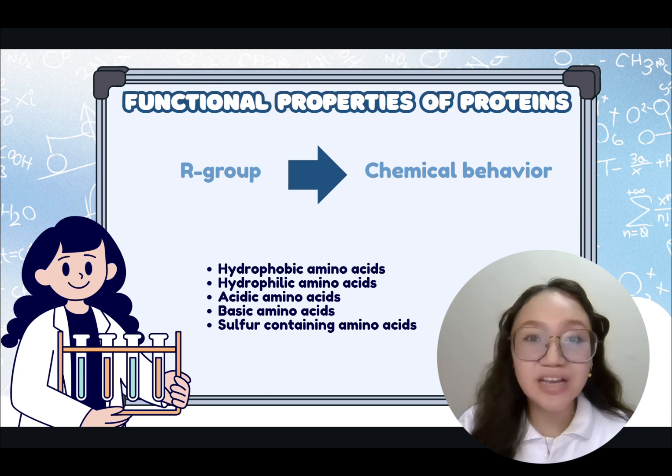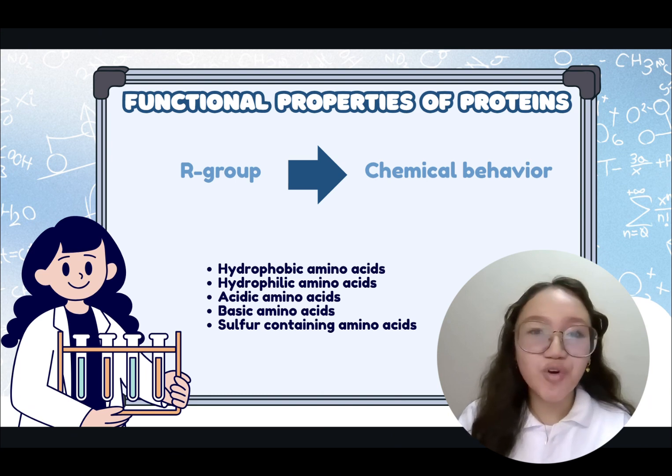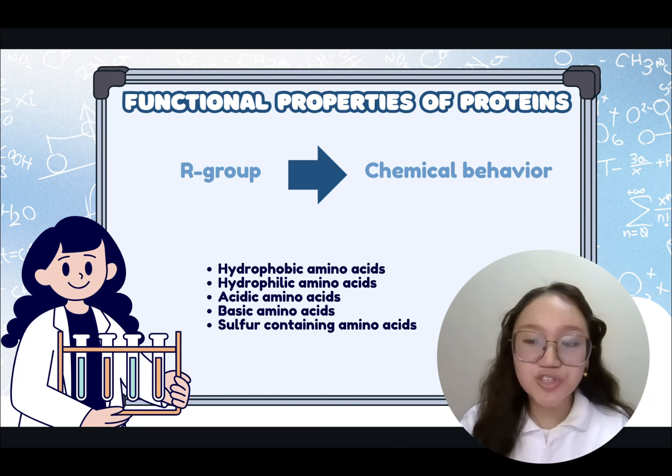Compared to that, hydrophilic amino acids, such as serine and lysine, often reside on the protein's surface, interacting with water and forming hydrogen bonds crucial for solubility and enzyme activity. Acidic amino acids such as aspartate and glutamate, and basic amino acids such as lysine and arginine carry charges that are vital for forming salt bridges, interacting with charged molecules like DNA, and participating in enzyme active sites.